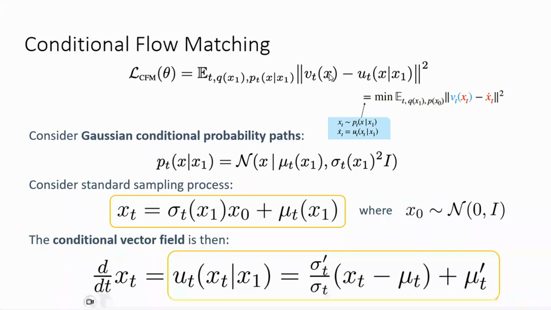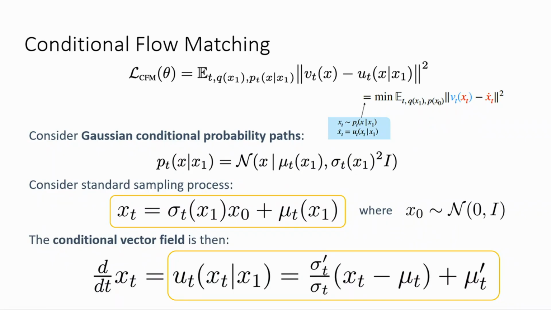Is everyone with me so far? Just taking a step back, the original flow problem was difficult. So you moved to a marginal: instead of matching the original ODE, let's match the vector fields. Then the vector fields are intractable, but if we conditionalize them, they're tractable.